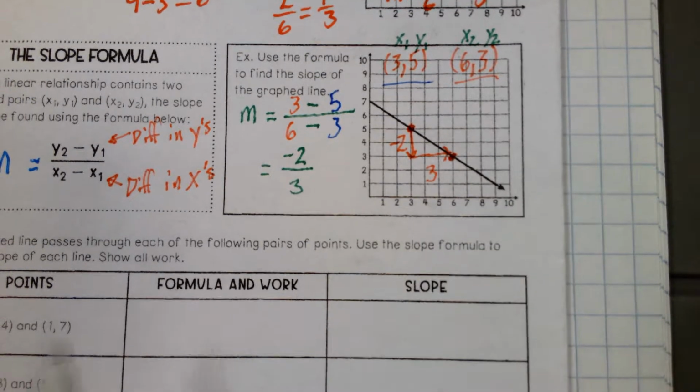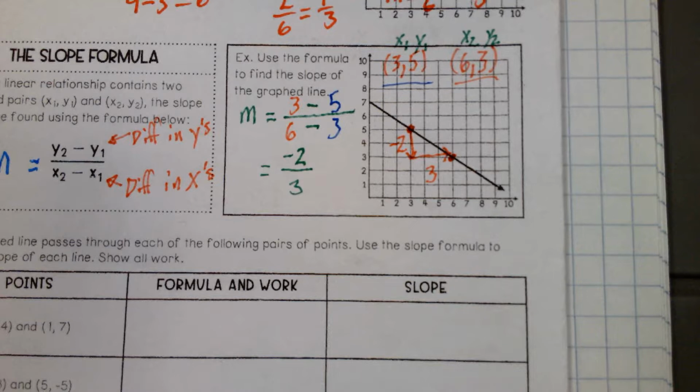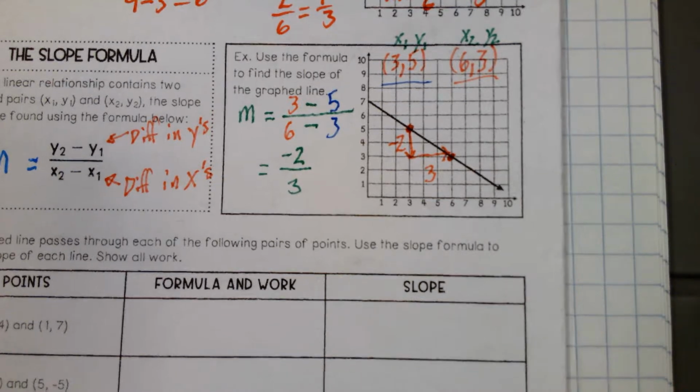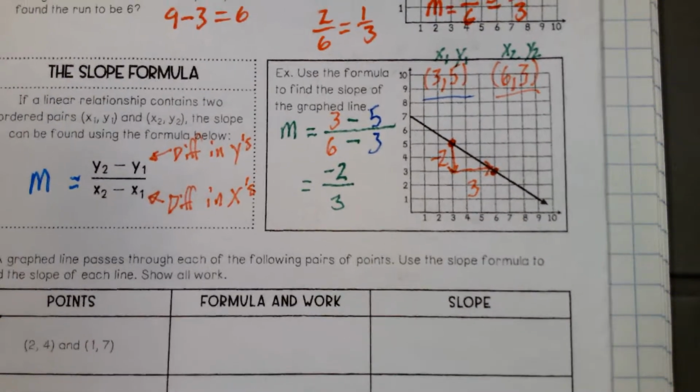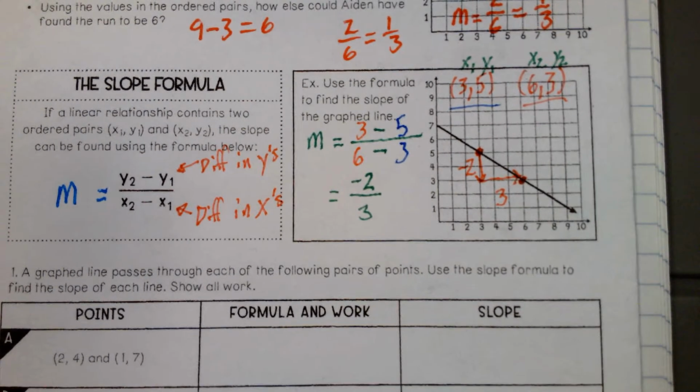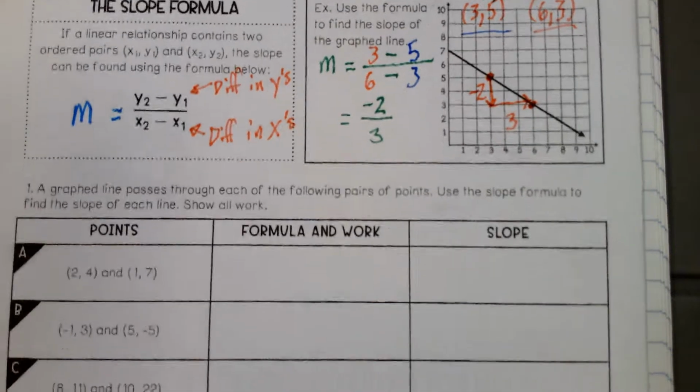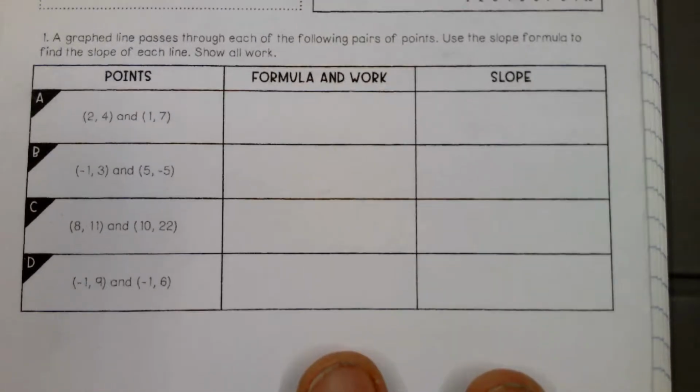So we're going to practice using the slope formula today, okay? I'll give you a minute to catch up with all of this. And we're going to practice 4 of these, and then we'll look at the assignment. Okay? I see some people. Anybody still writing? Okay, vamos a empezar. We have 4 here.